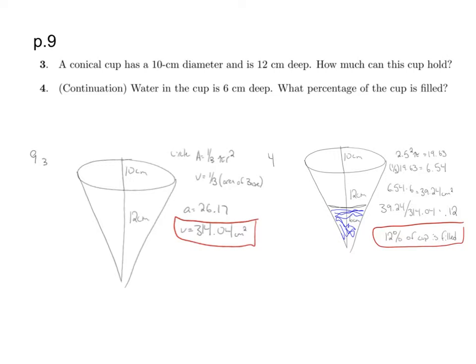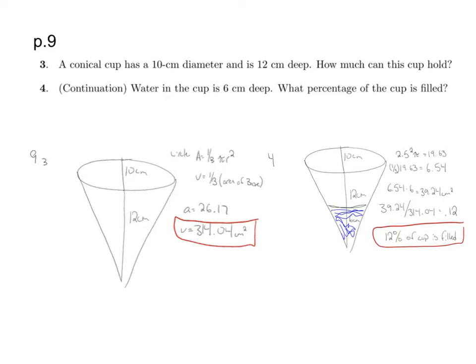Water in the cup is 6 centimeters deep. What percentage of the cup is filled? So as it's only halfway up the cone, we figured that the radius would end up being 2.5, being half of the original radius of 5.